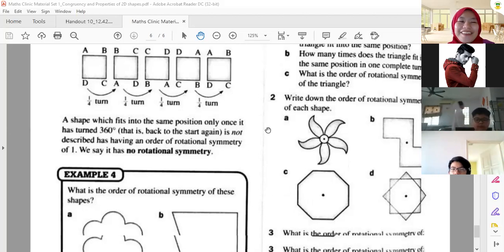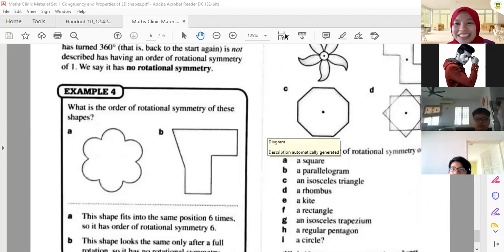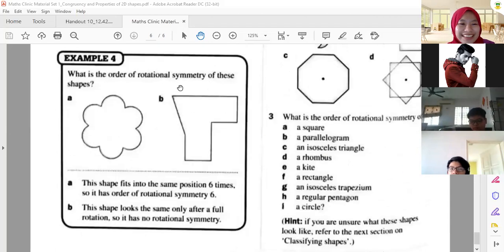Moving on. What is the order of rotational symmetry of the shape? So for this one, you rotate it. Look here: 1, 2, 3, 4, 5, 6.